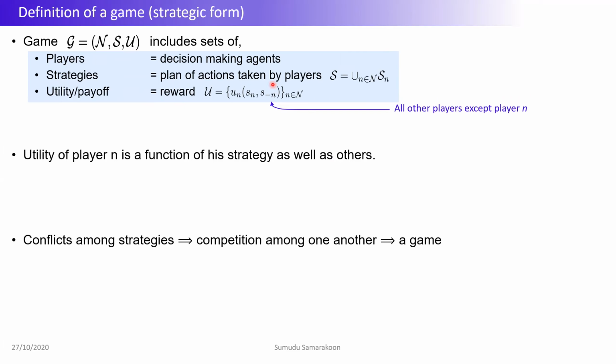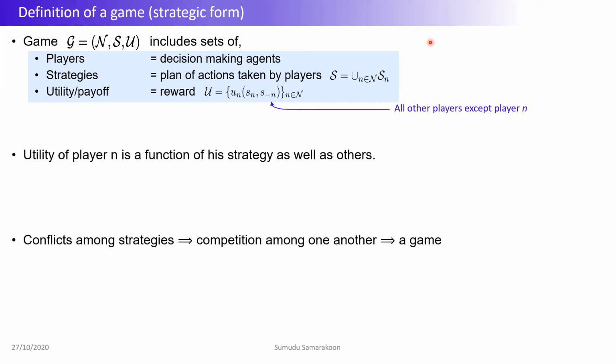One thing you have to understand here: when a certain player plays one action, the rest of the players have their own set of actions. Usually in this discussion, we denote it by this -n notation. When a player tries to improve its own rewards, sometimes the actions of other players might be conflicting with each other.